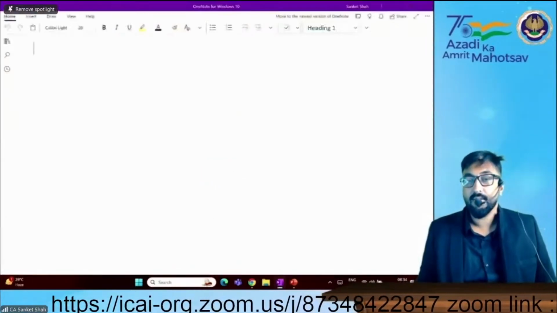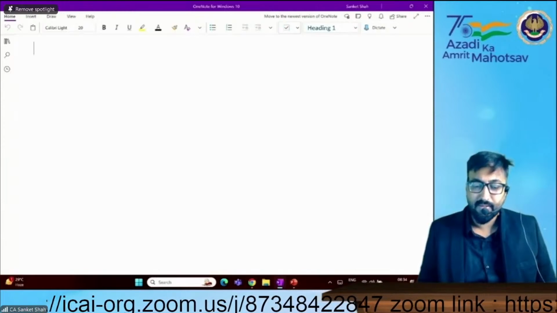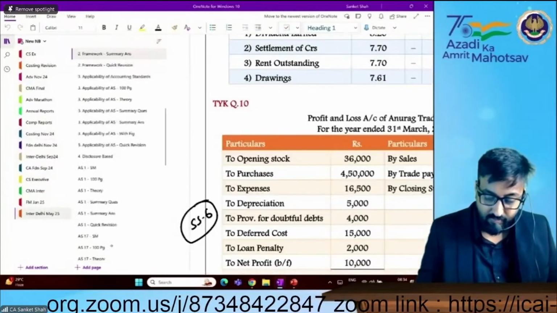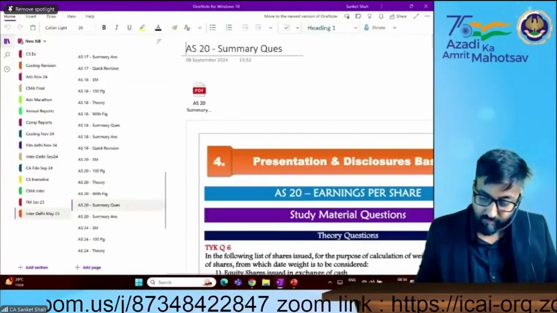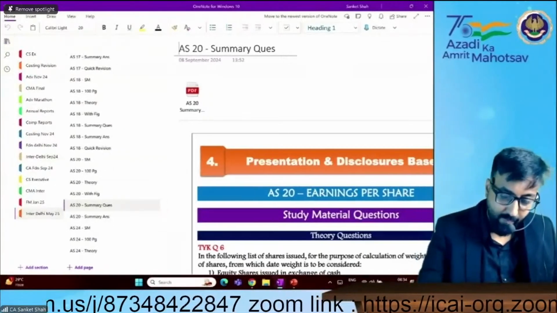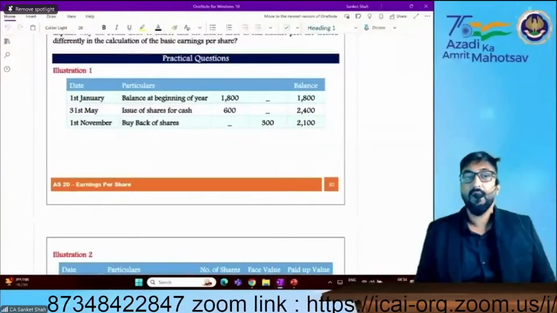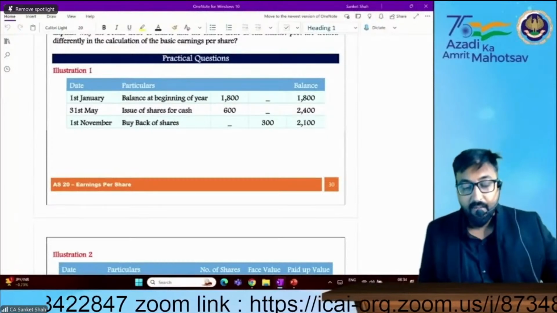So first, what is Accounting Standard 20? Yes, it is earnings per share. Now, what is earnings per share?